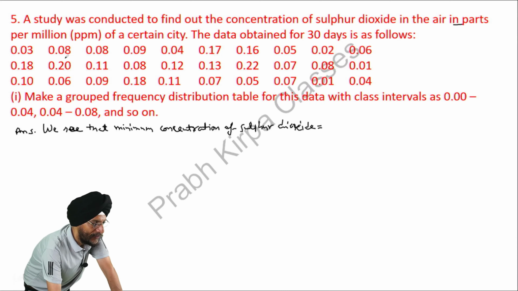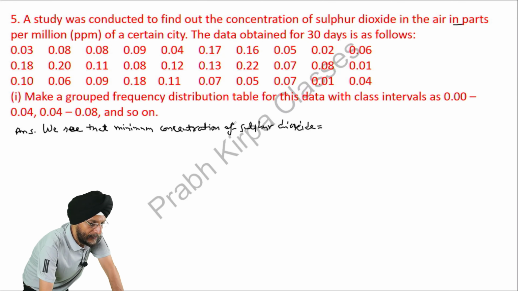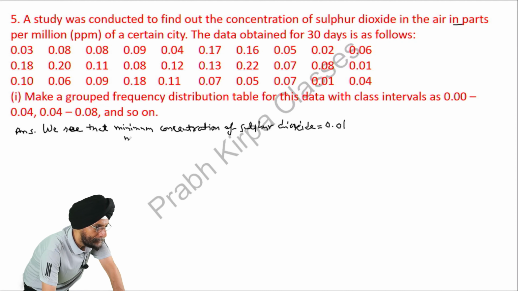We will find out whether any item is less than 0.03. This is 0.03, 0.02, 0.02, this is 0.01. Anything less than that? No. So we find that the minimum concentration of sulfur dioxide is 0.01.